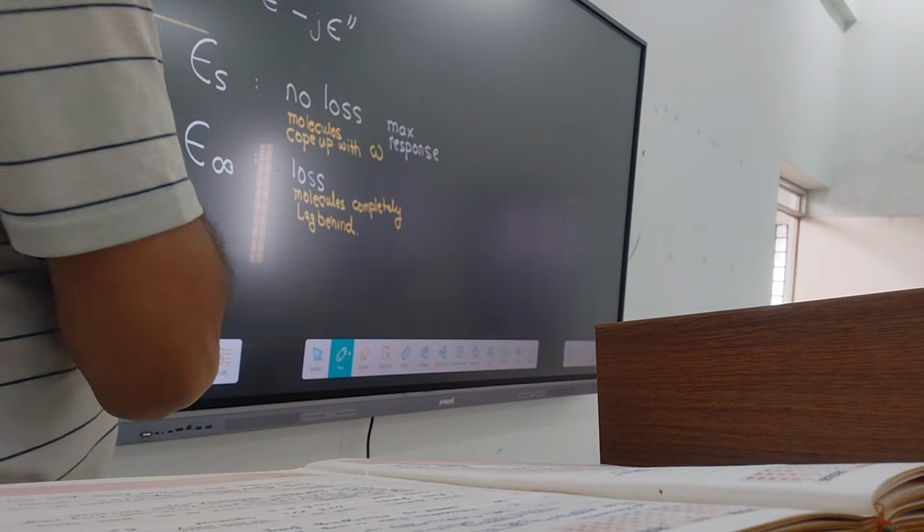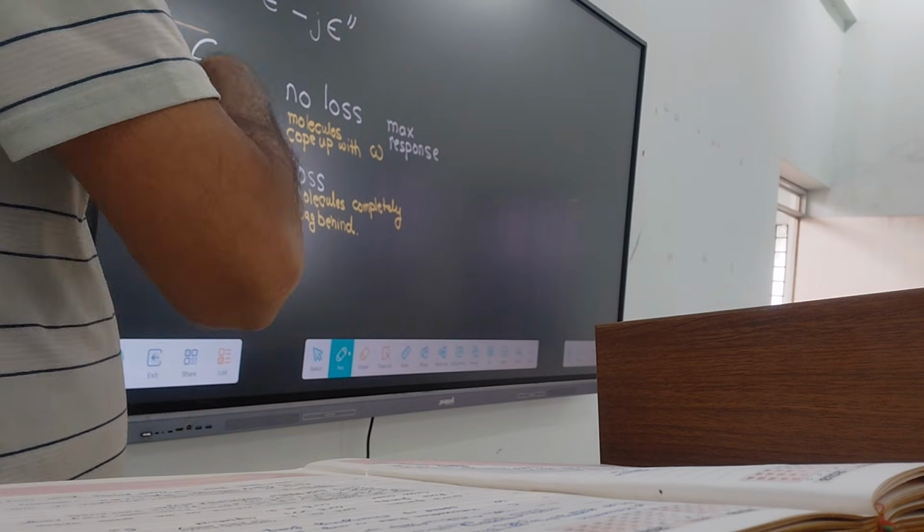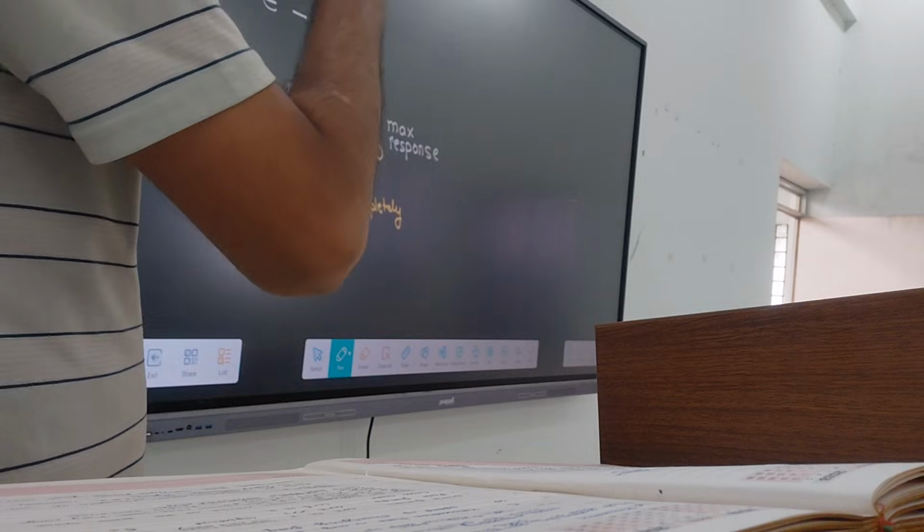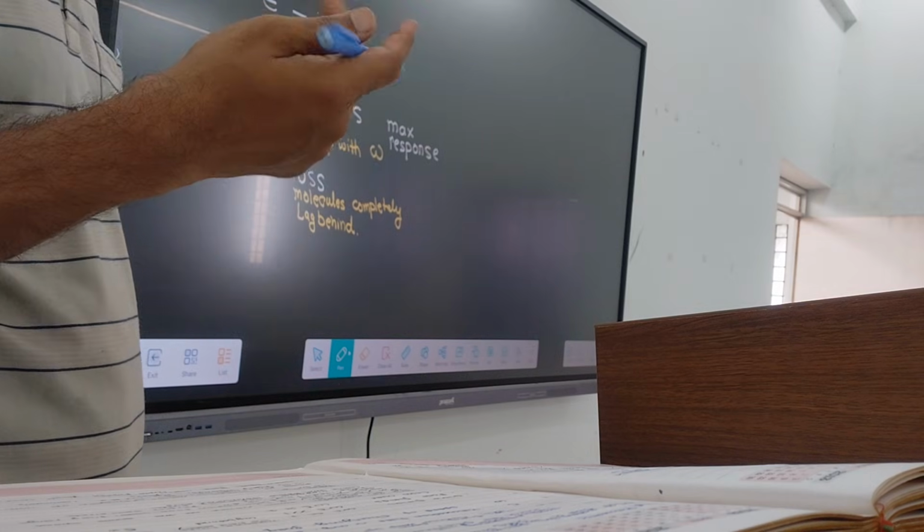Now, what is the problem with Debye theory is that उसने एक hypothetical ideal material consider कर लिया था.